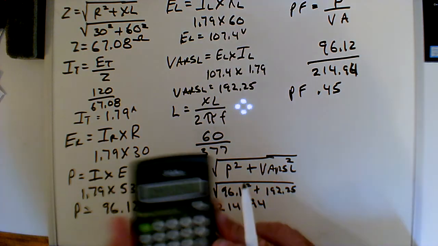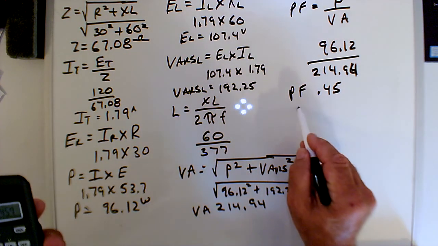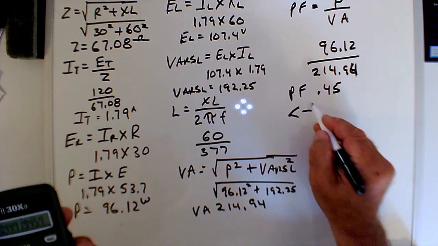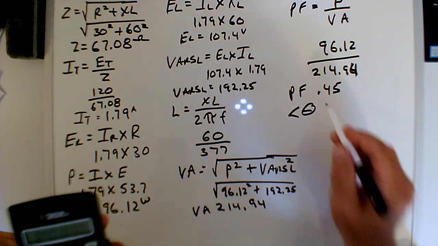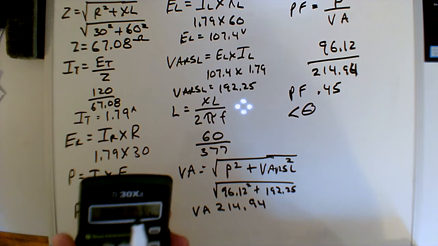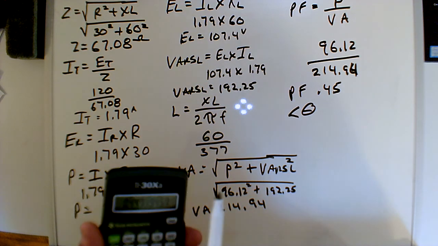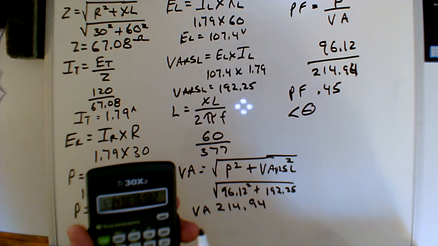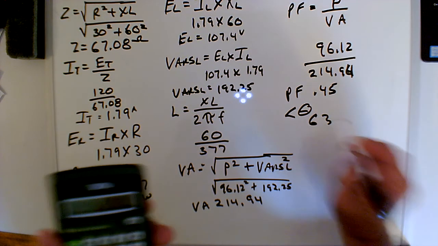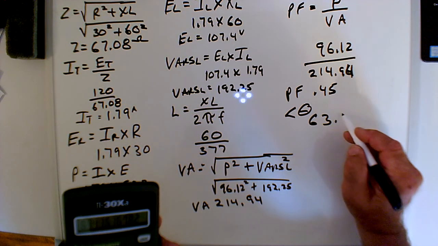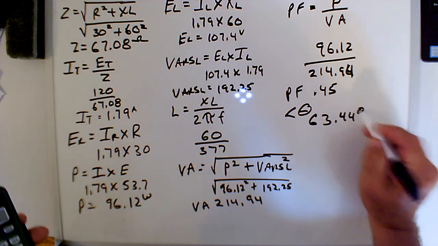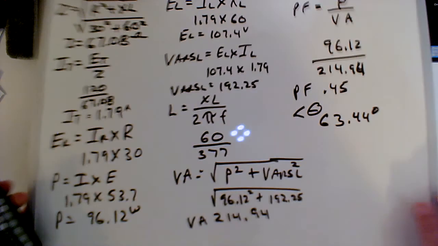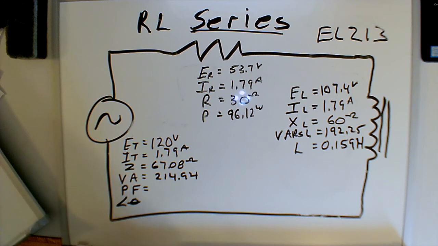And if I take that number and I want to know what angle theta is, then with this Texas Instrument calculator, second cosine of 0.45 comes out to 63.44 degrees out of phase. So let me write that in here. Power factor of 0.45 and 63.44 degrees.